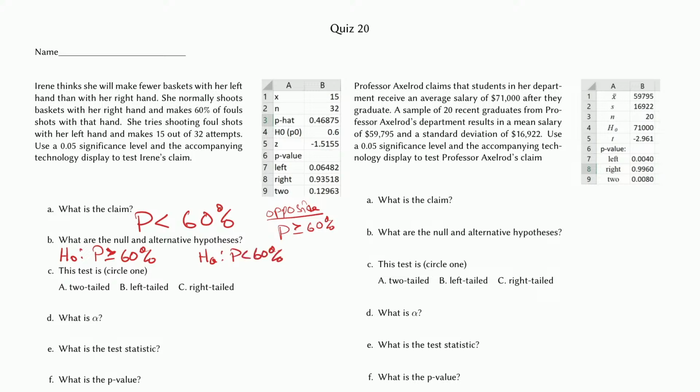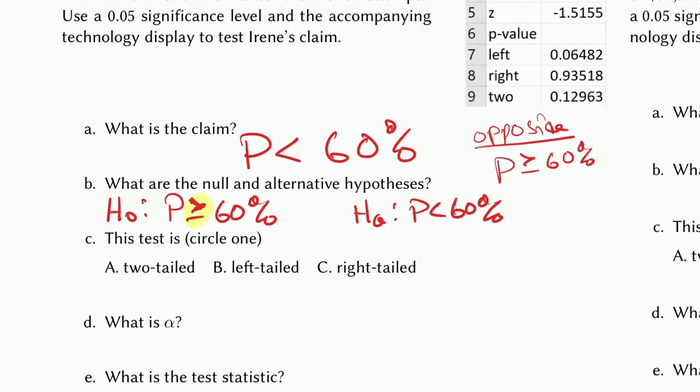And as I've mentioned before, that symbol could either be greater than or equal to, or just greater than. So you can go either way with this, I don't care. Either equal or greater than or equal. Either way is fine. So there's my hypotheses.